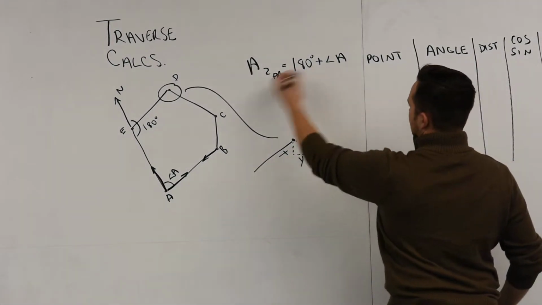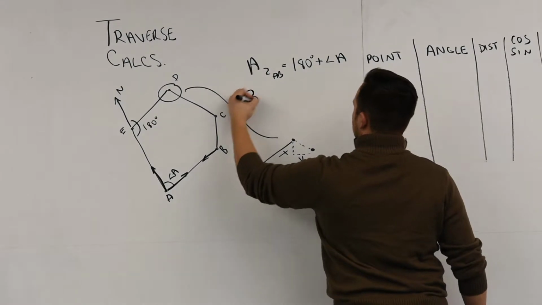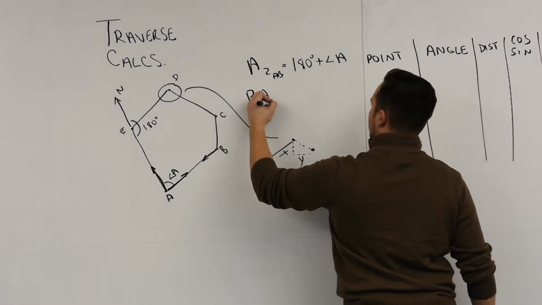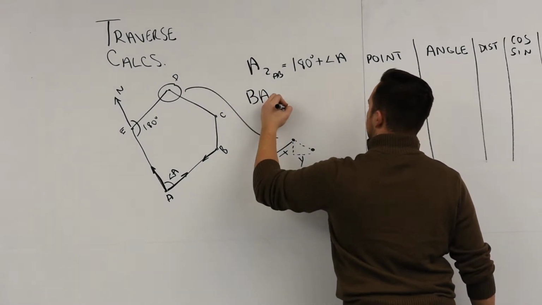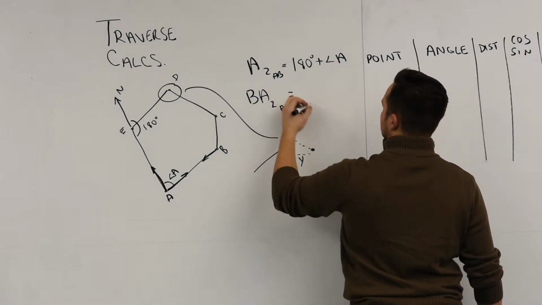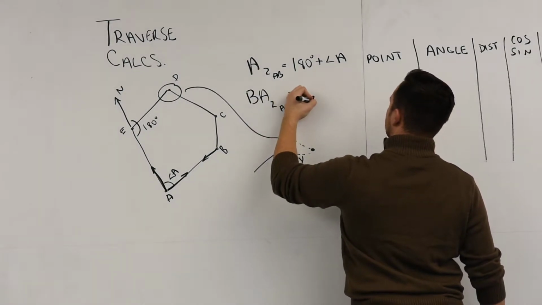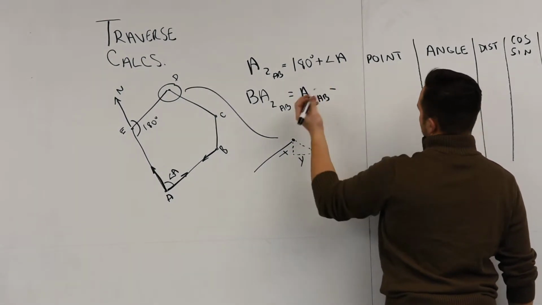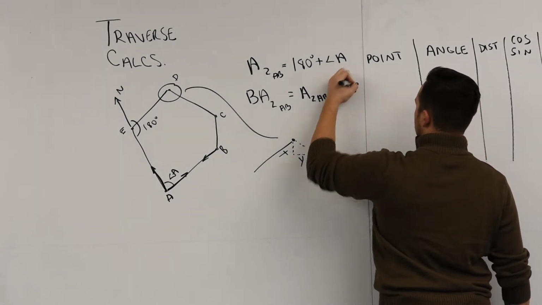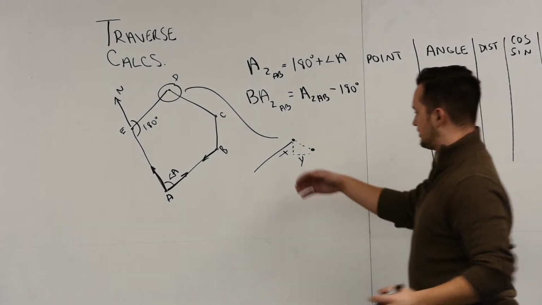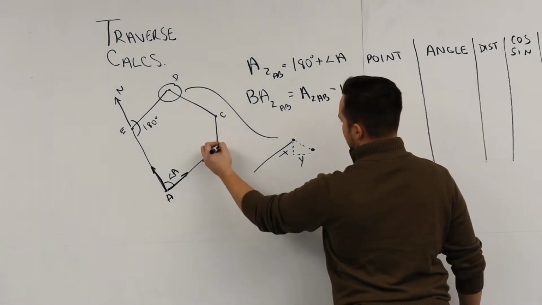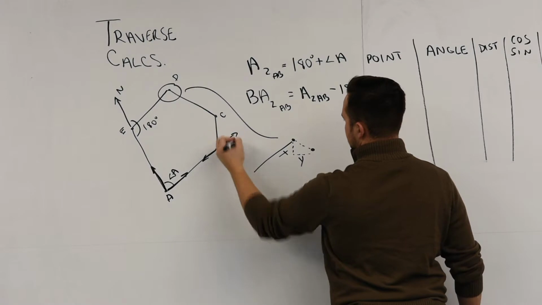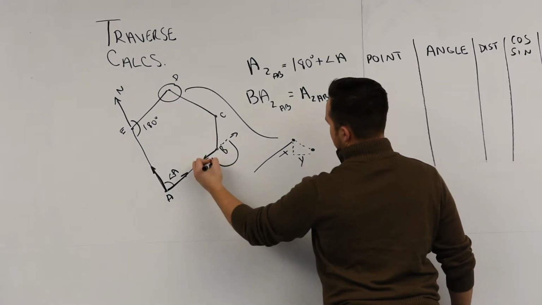So whatever this is, the back azimuth of AB is simply whatever that azimuth is minus 180 degrees. You can see that all we're doing is taking that and then subtracting that.